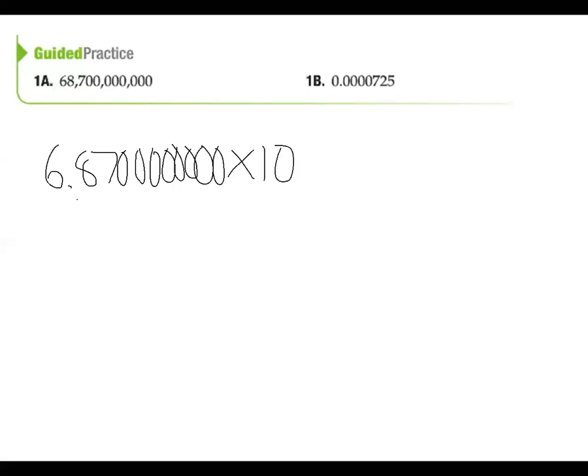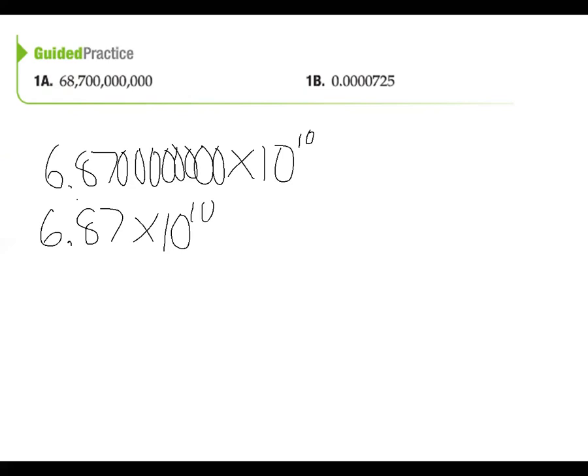All right, we're back. So this one, I'd have to move 3, 6, 9, 10 places, so I get 6.870000 times 10 to the 10th power. I can remove the unnecessary zeros, so 6.87 times 10 to the 10th. All right.